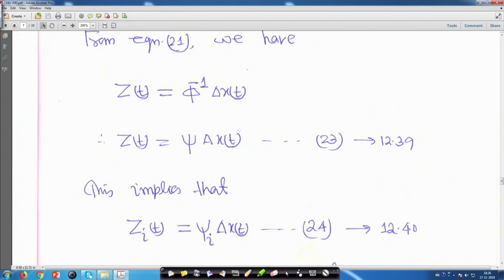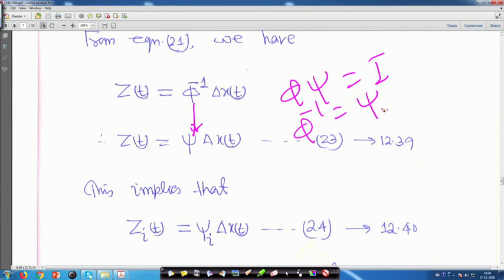But we know that phi psi is equal to the identity matrix I. Therefore phi inverse is equal to psi, and that is what we are substituting here. So z t is equal to psi delta x t, this is equation 2.